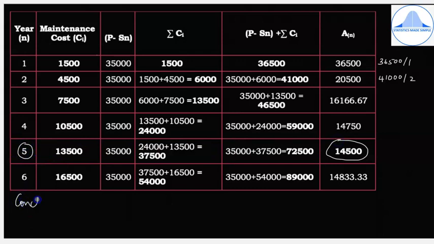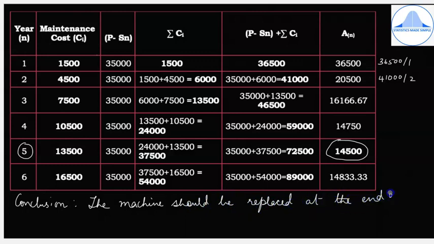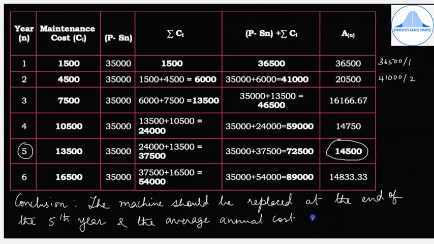So the conclusion, you should write it as: the machine should be replaced at the end of the 5th year and the average annual cost is rupees 14,500.